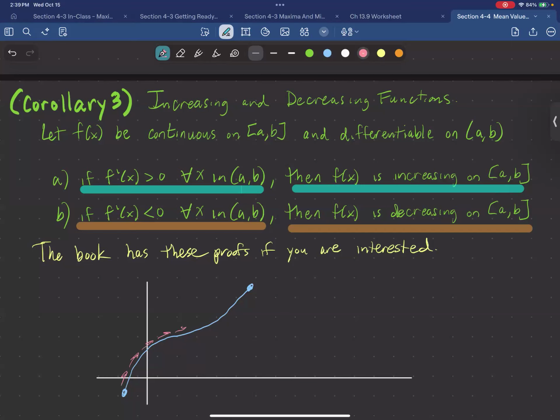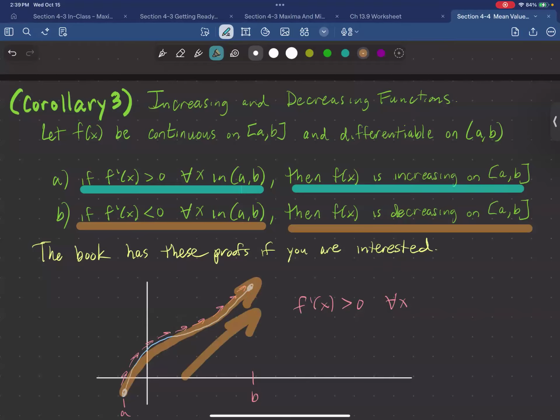Sometimes it's not increasing a lot, but it's greater than 0 for all points. f'(x) is greater than 0 for all points in between, this is my a and this is my b. We end up calling this an increasing function because it only goes up. It's up, up, up. And that's why we call it an increasing function.